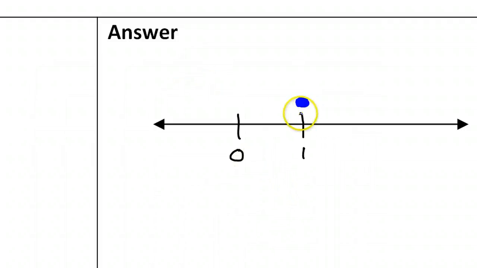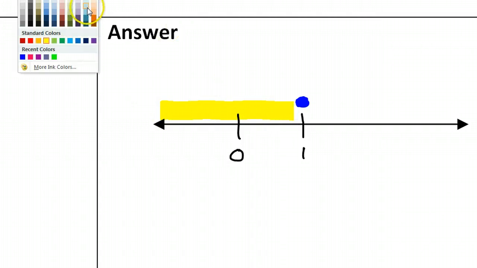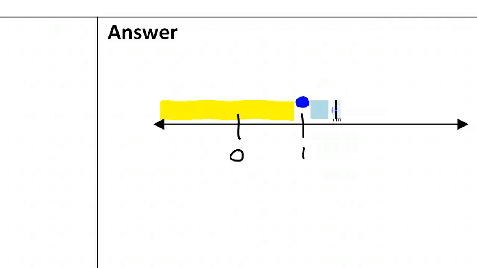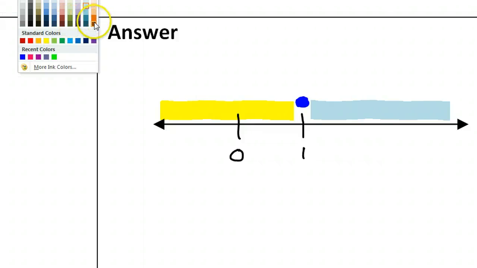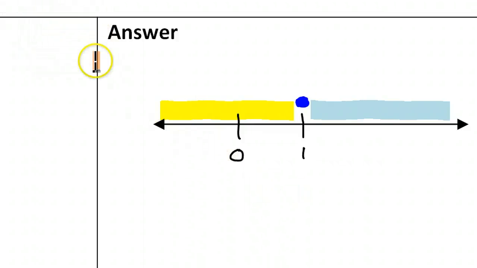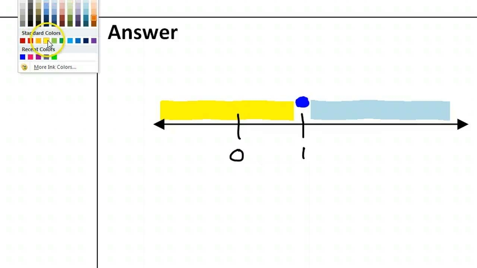So this 1 divides the number line into two zones. We have the yellow zone on the left, and we have the blue zone on the right. Let's talk about what test values we're going to use.